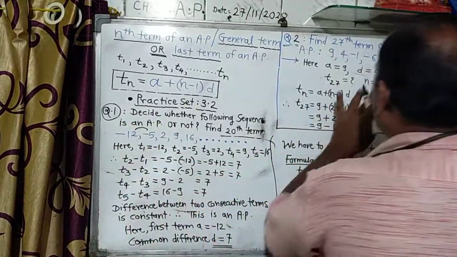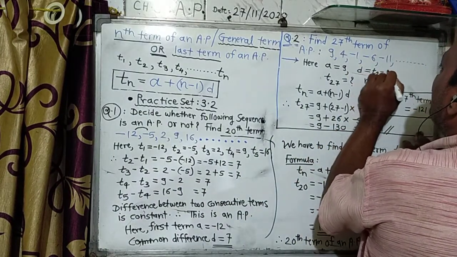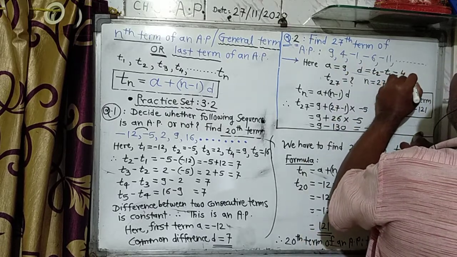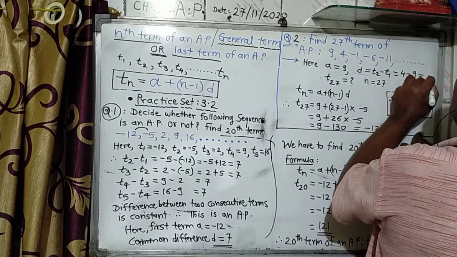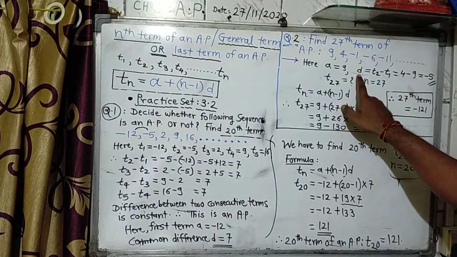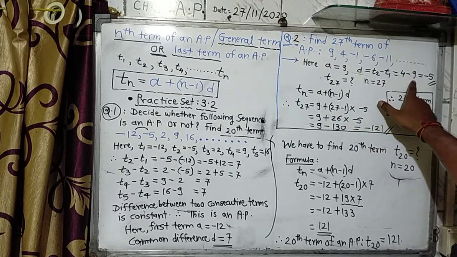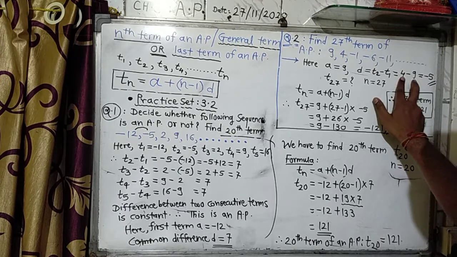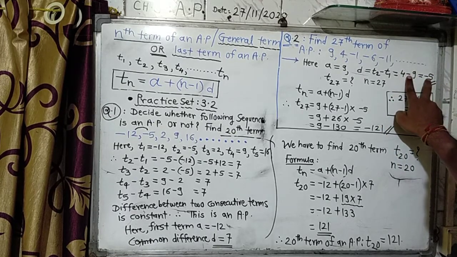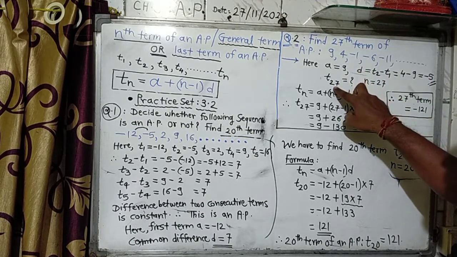The value of T2 is 4, so 4 minus 9 is equal to minus 5. Since 9 cannot be taken from 4, take 4 from 9, which gives 5, and the sign of the greater number is minus.